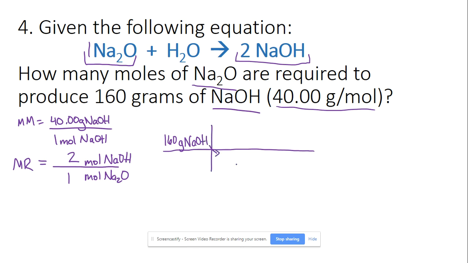Whatever unit is in the top, we can put that same unit in the bottom. If we look over at the side at our molar mass, we see that 40 goes with grams of NaOH, and the other part of that ratio is 1 mole, which we will put in the top. Our grams cancel out since we have it on the top and bottom. We're at moles of NaOH, but the problem is asking for moles of Na2O.